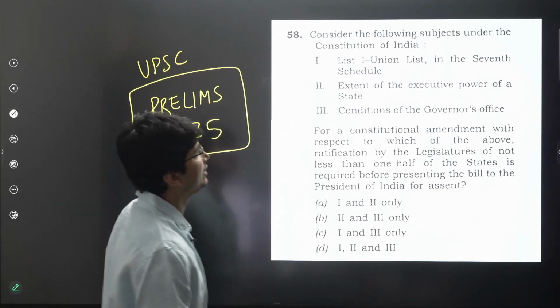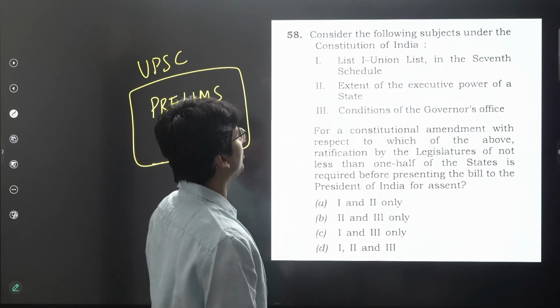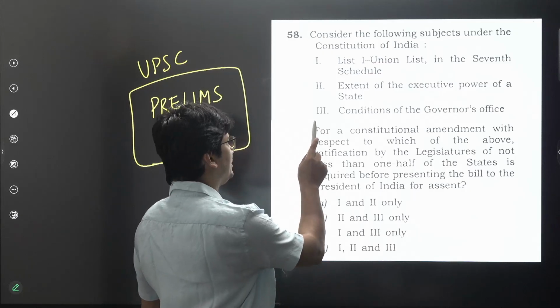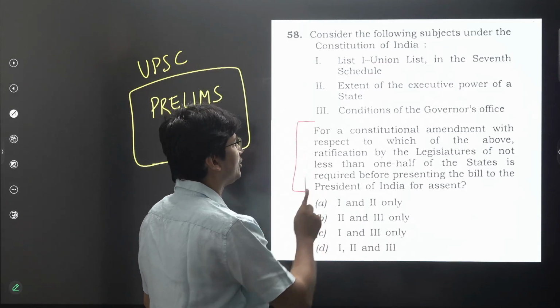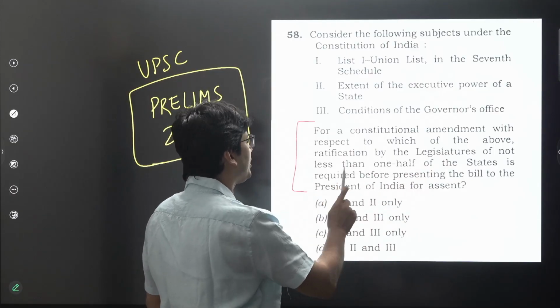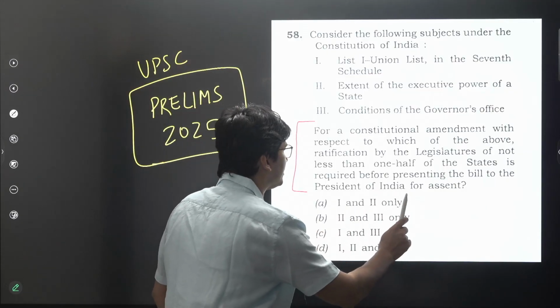First, Union List in the 7th Schedule. Second, extent of executive power of a state. Third, conditions of the Governor's office. The question is, for a constitutional amendment with respect to which of the above is ratification by legislatures of not less than one half of the states required before presenting the bill to the President of India for assent.